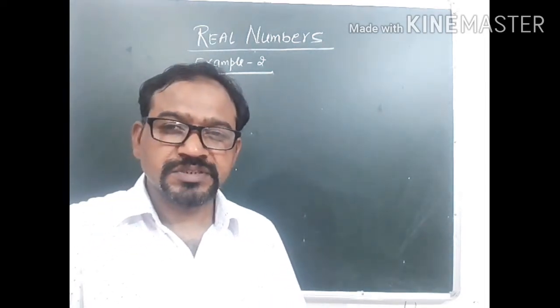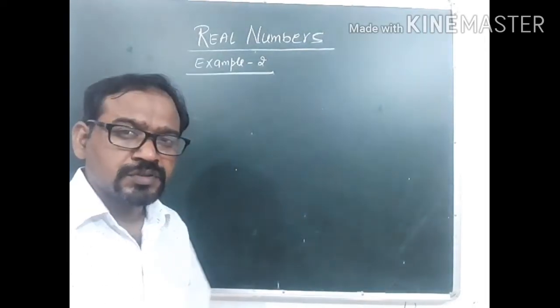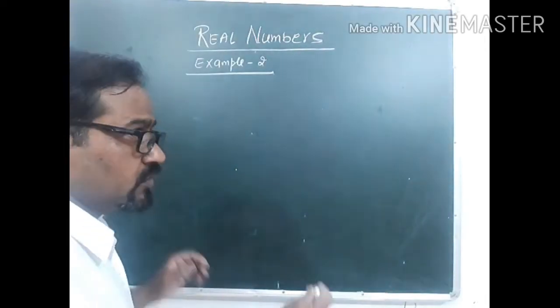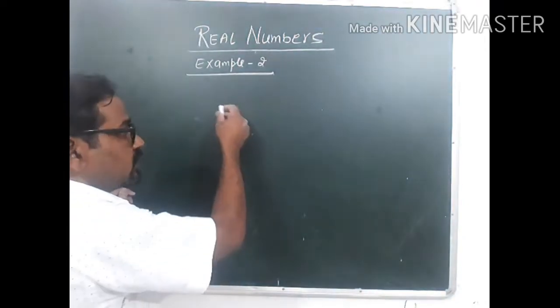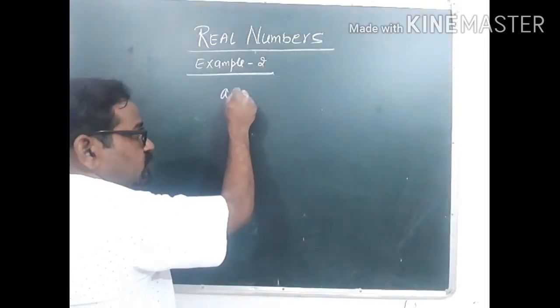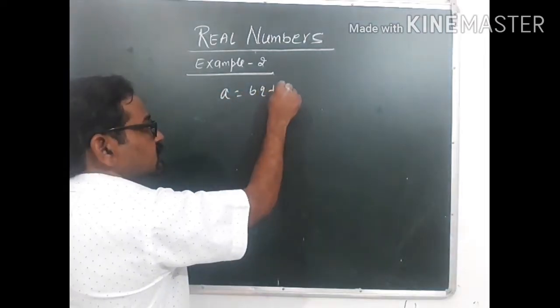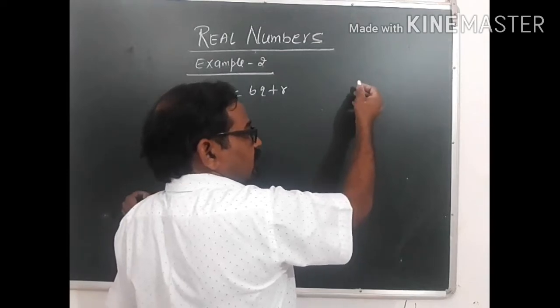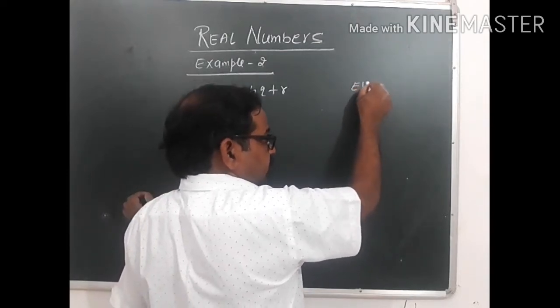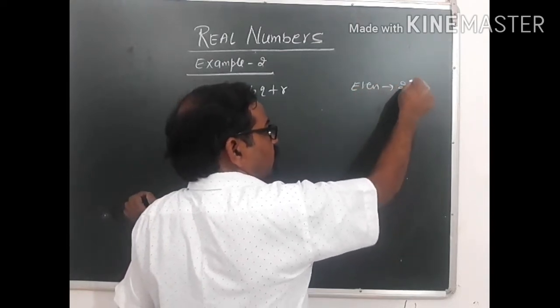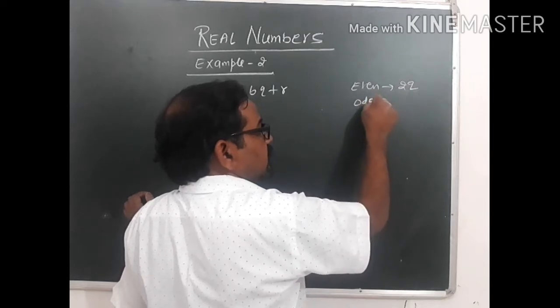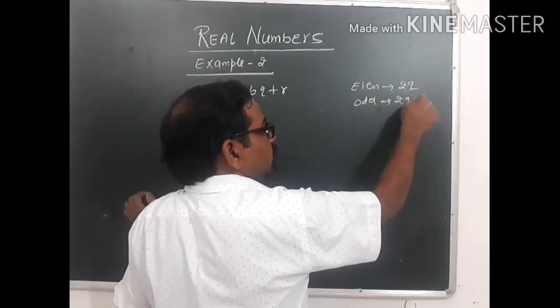In the Euclid division lemma, a equals bq plus r, and we have to prove the even integer is in the form 2q and the odd integer is in the form 2q plus 1.